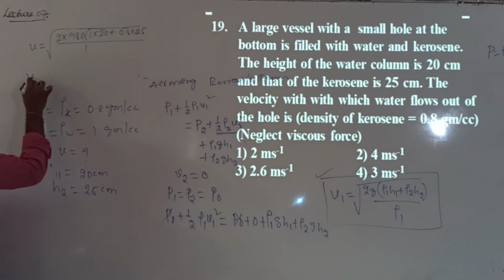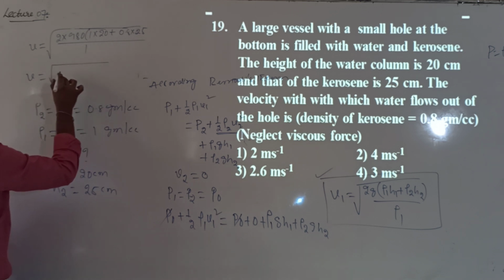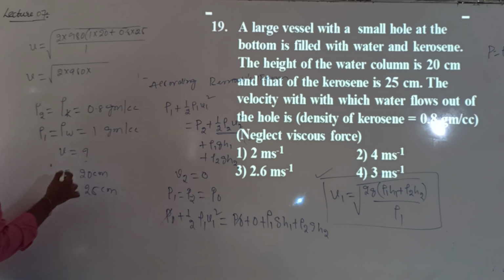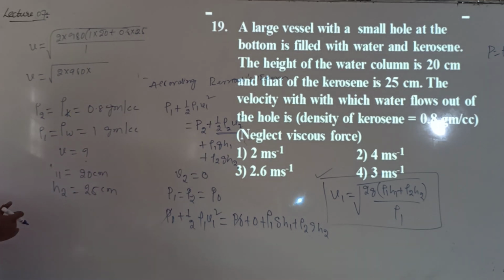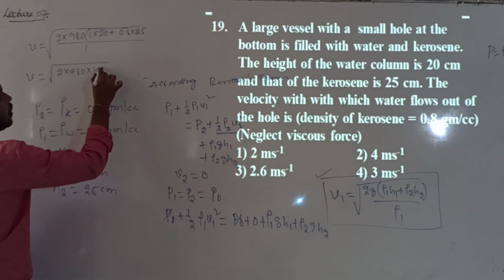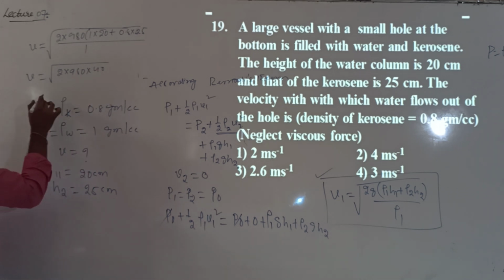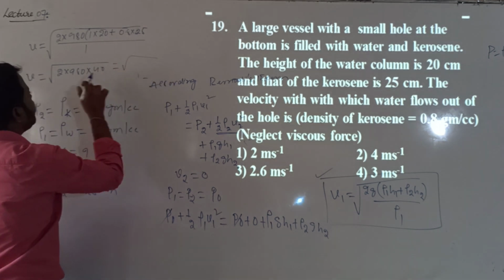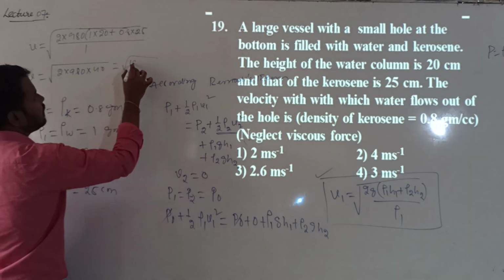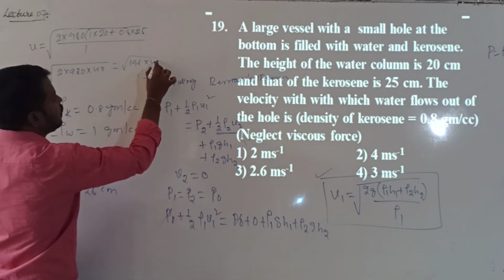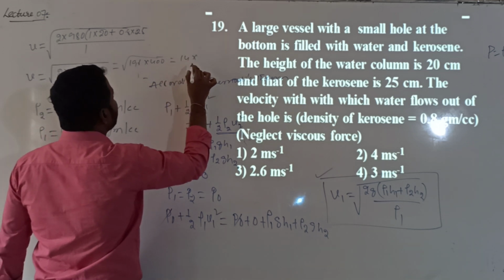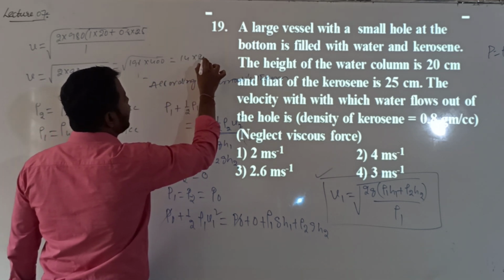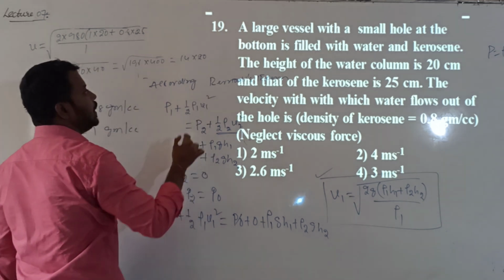So then what I get as the answer for V is root over 2 into 980 into, so here 0.8 into 25 is 20 only. So 20 plus 20 will be equal to 40. So V is root over 2 into 980 into 40, and the square root is about 280. This answer is in centimeters per second.